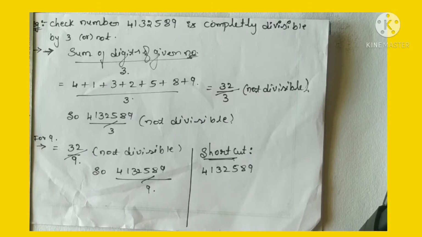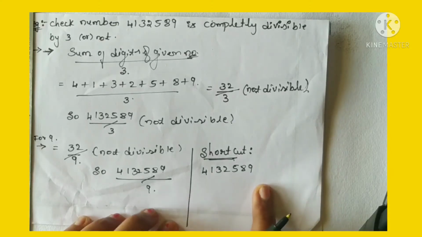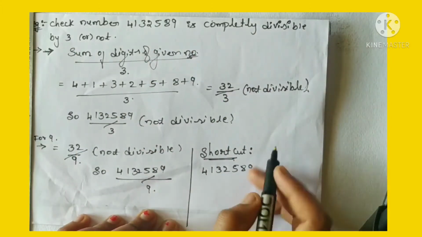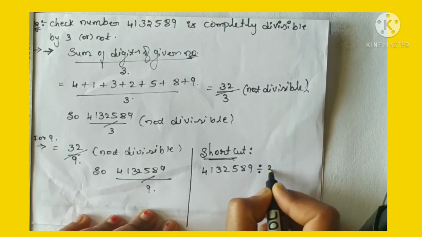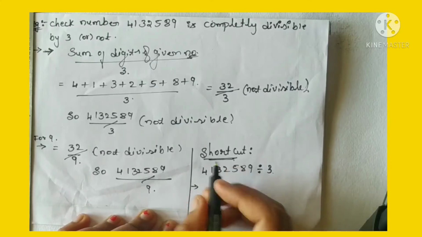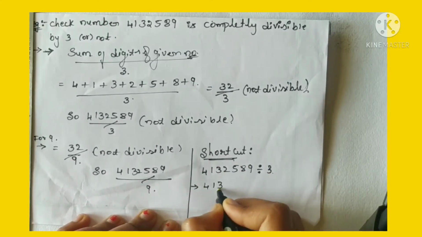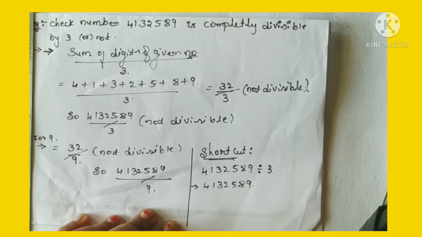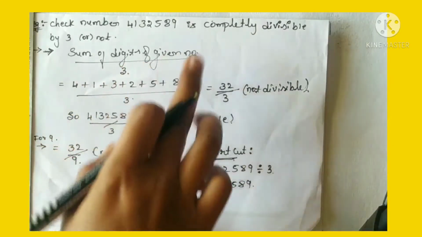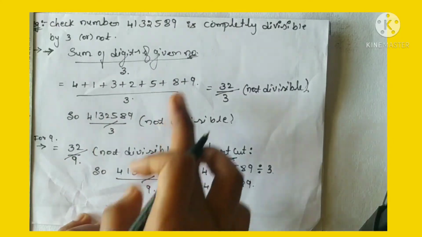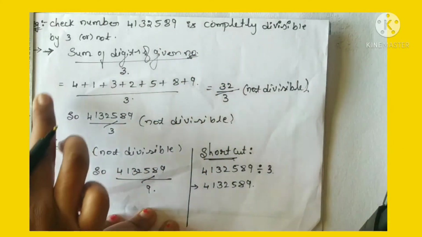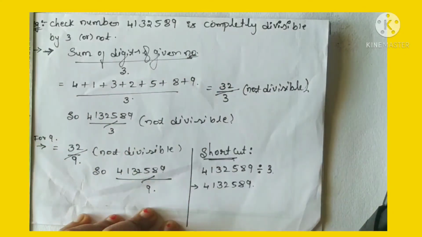For this, I consider the given number like this, and they ask to find whether this number is divisible by 3 or not. This is my question. Now I write the given number as it is. The rule says sum of the digits of the given number, but that is time consuming because adding these numbers takes some time.